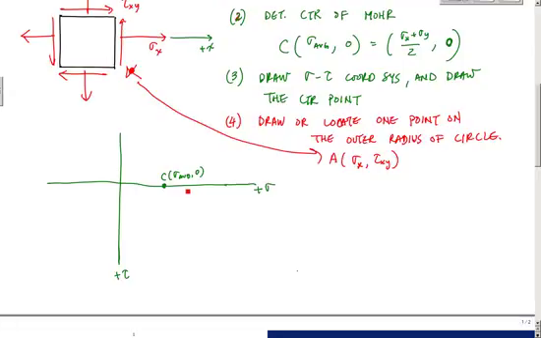Let's make this look kind of real: sigma x is over here, plus sigma y divided by 2, and some number over here in the plus tau xy. So this is point A, with sigma x comma tau xy.